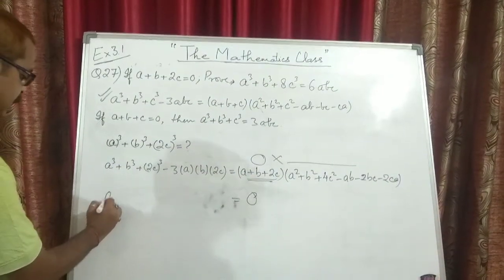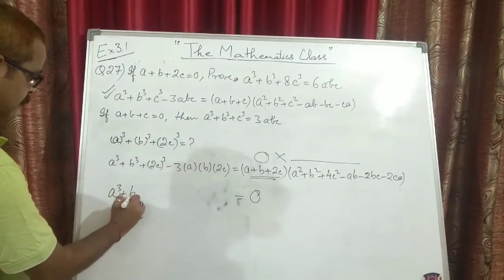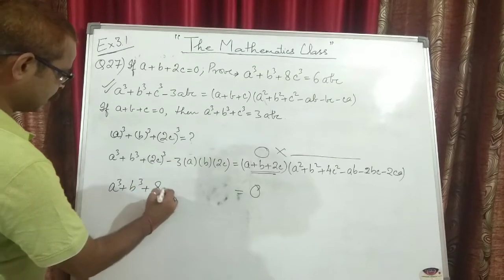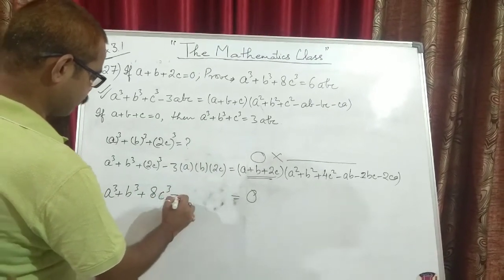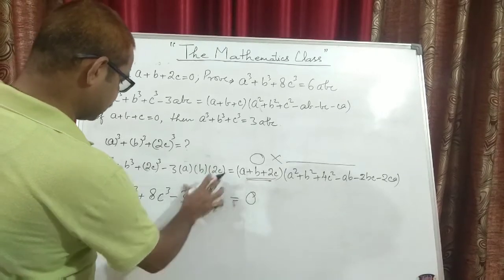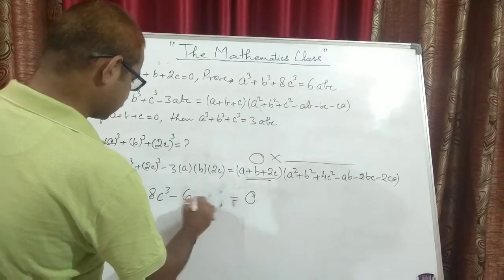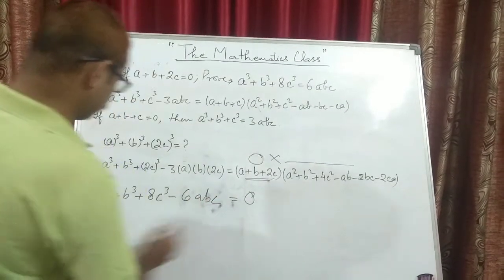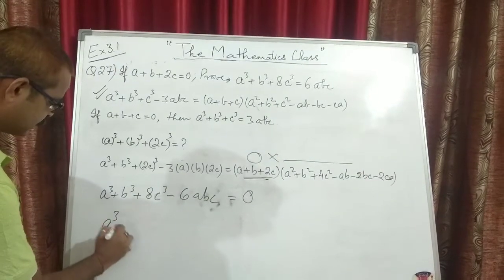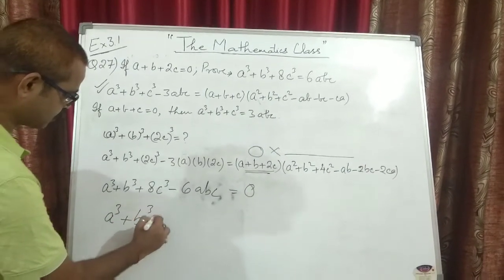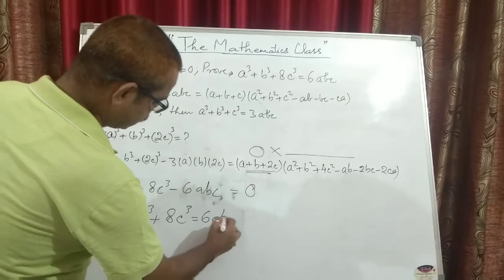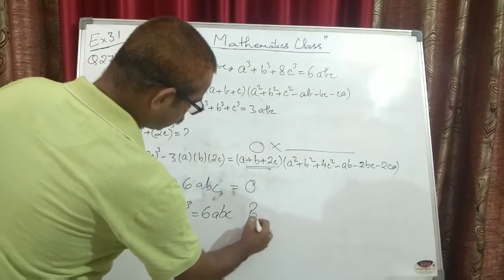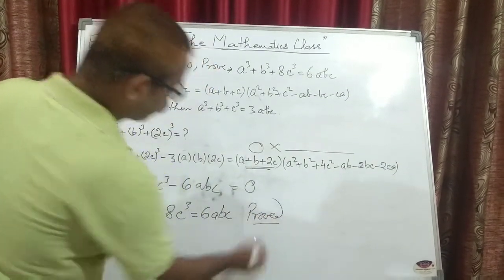So simply a cube plus b cube plus 8c cube minus 6abc is equal to 0. Hence a cube plus b cube plus 8c cube is equal to 6abc.